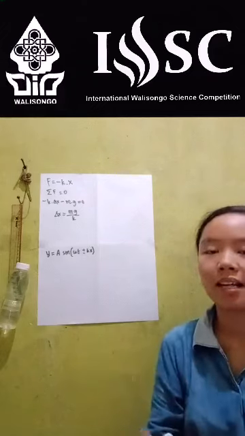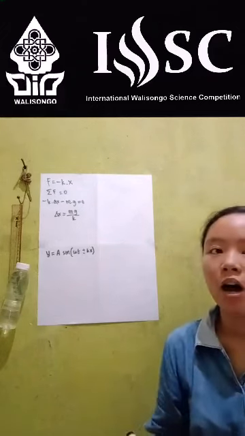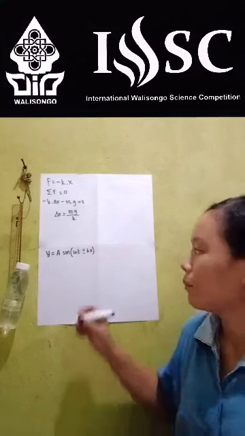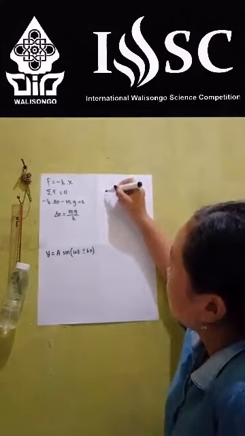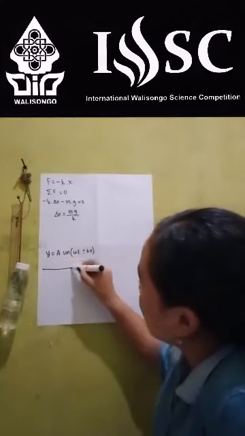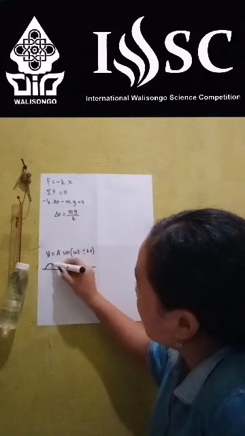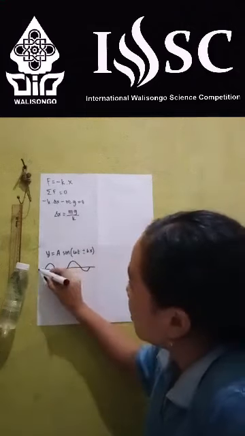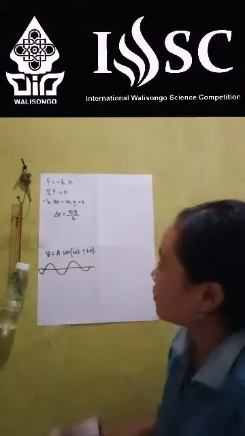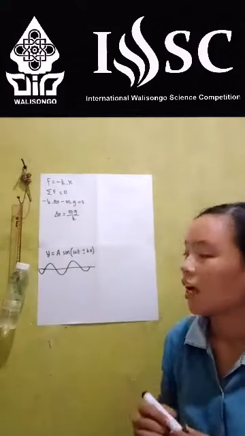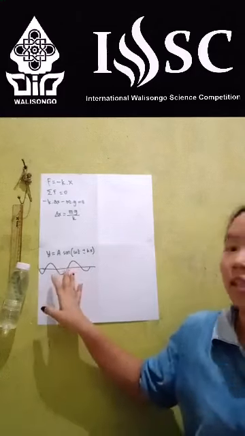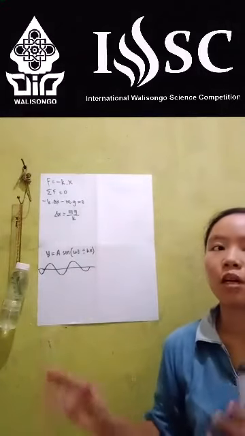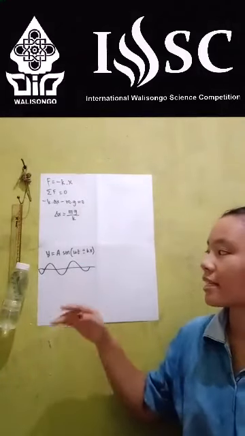I will sketch the graph of the position of the object against time. So this is the graph of the position of the object against time.